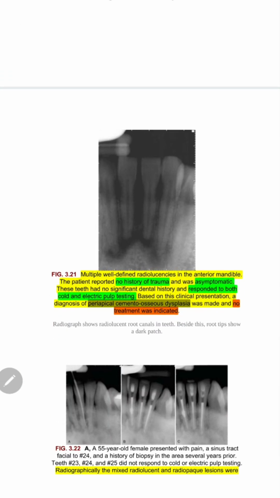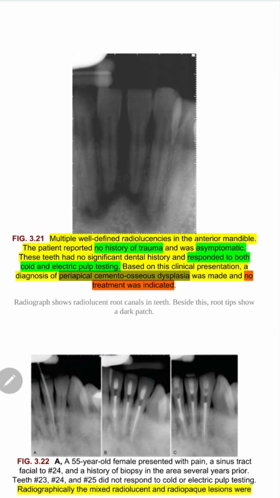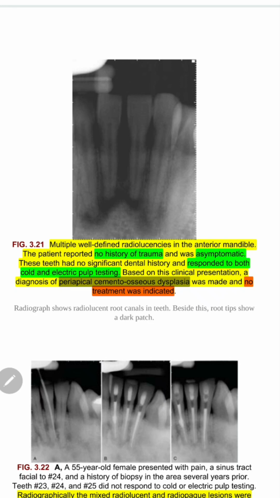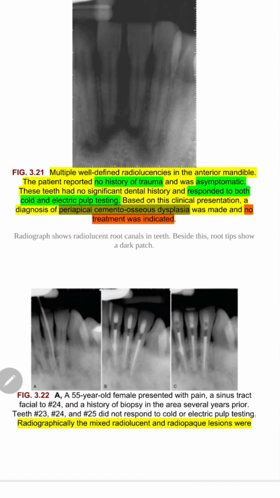Here we have a case of the anterior mandible teeth; they had no history of trauma. They were asymptomatic, and they responded to both cold and electric pulp testing. So no treatment was indicated, and it was diagnosed as cementoma.